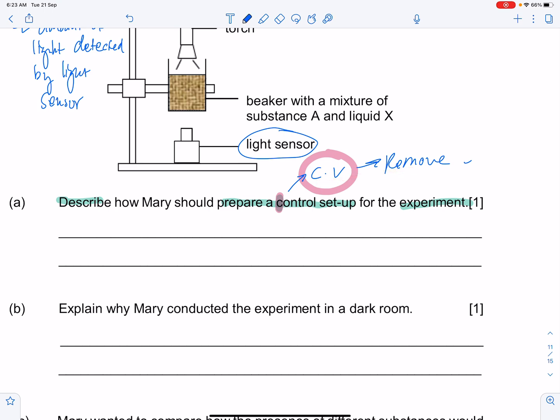So how would the answer look like? Prepare the same setup but without substance A. And that's about it.